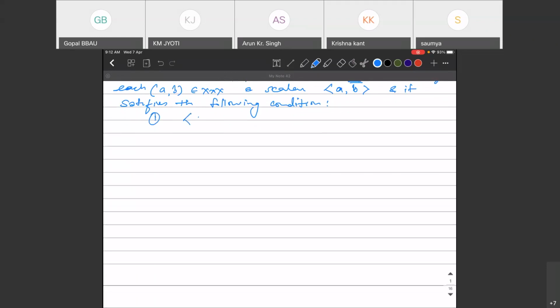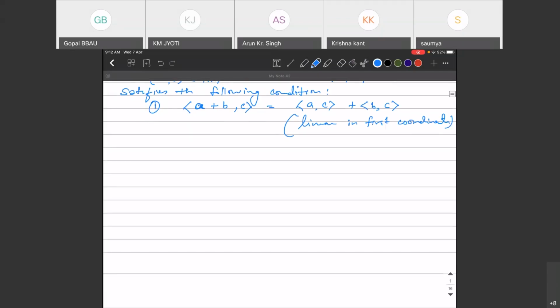See here, it is linear. A plus B comma C is A comma C plus B comma C. So this means this is linear in the first coordinate. You all know the meaning of linearity.